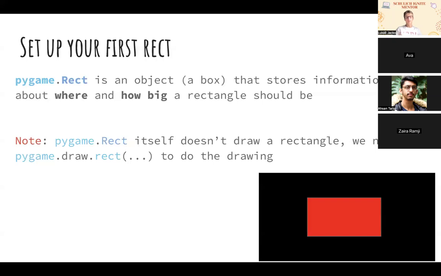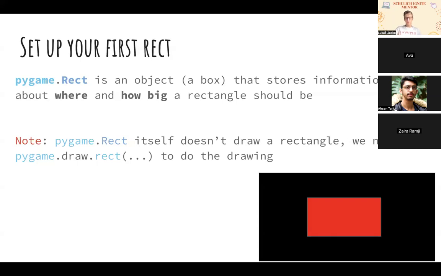Note that rect is only some kind of template which doesn't draw the rectangle itself. You need to use Pygame draw for that, as that's the dedicated draw method. Rectangle itself only stores information about the rectangle.